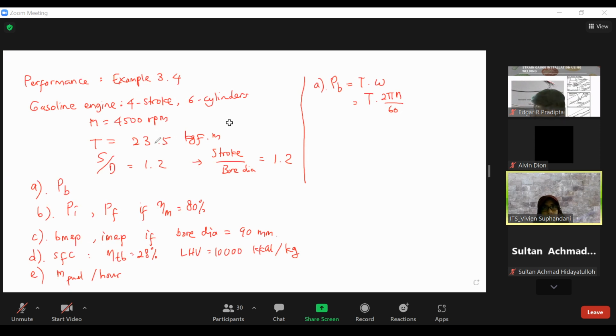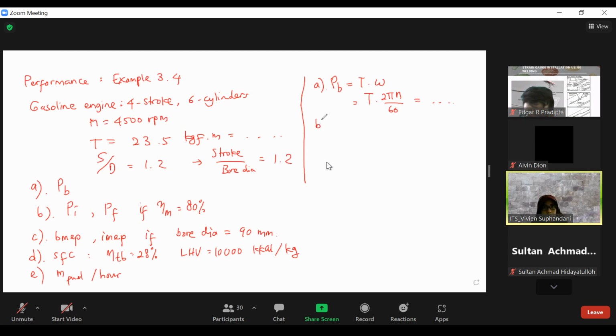For the torque, make sure that we convert the unit. It depends on which one we want to use; if we want to use SI, make sure it is converted. Then we have 2 pi times N, the rotational speed, 4,500 RPM, which is divided by 60 to get per second. So here we have the brake power.